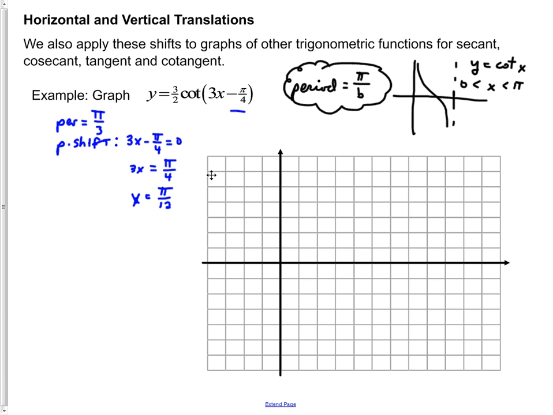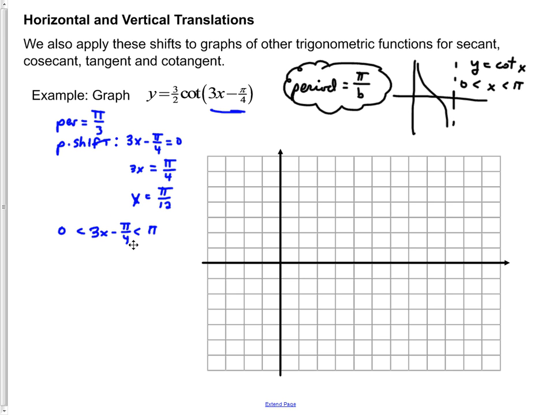Well, we'll do the same thing right here, except that we're going to take our entire argument, in this case 3x minus pi over 4, and set that between the limits of 0 and pi, and see what happens. Just like we were able to set it to 0 and find our phase shift, here's what will happen.